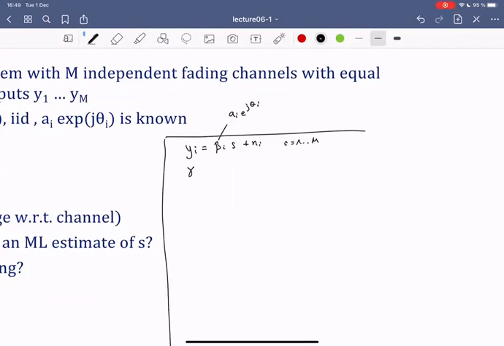Now the instantaneous SNR on channel i is given by the signal power, so this would be ai squared times the signal energy over the noise power. So this is the instantaneous SNR on channel i. The average SNR on channel i will be the expectation of ai squared times the energy of S squared over N naught. Okay, good. So that's the first part.